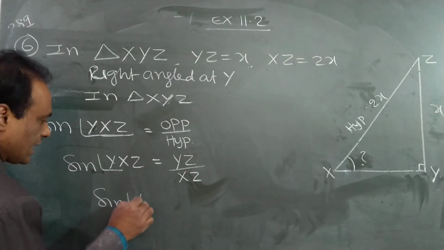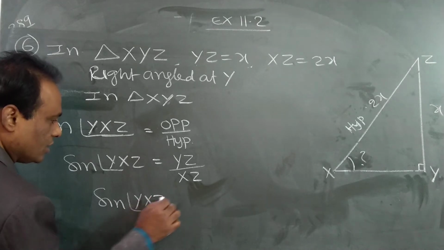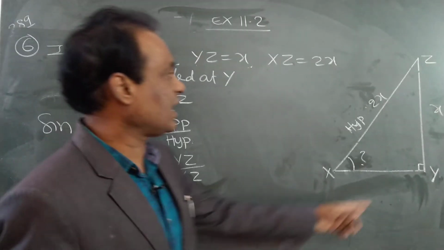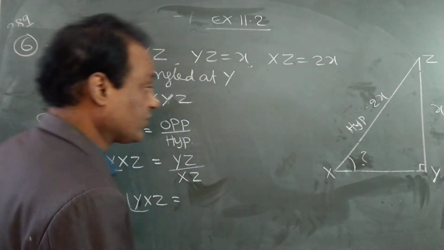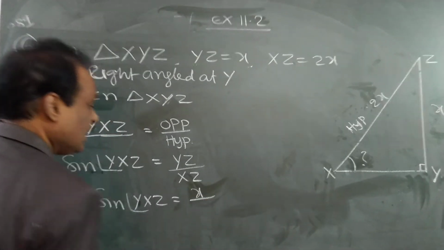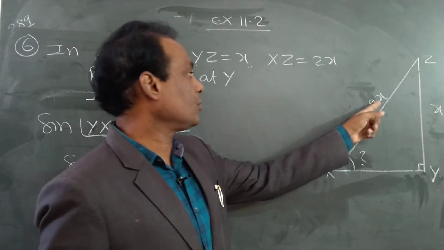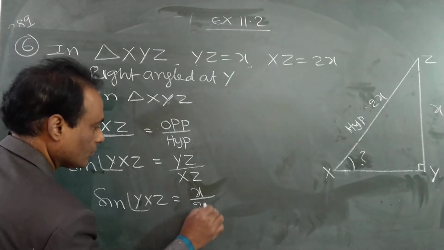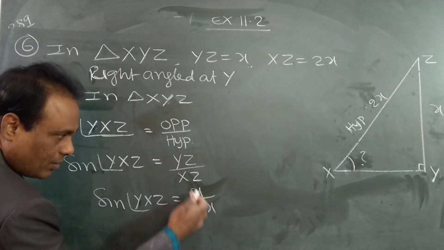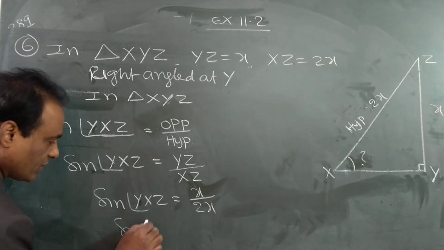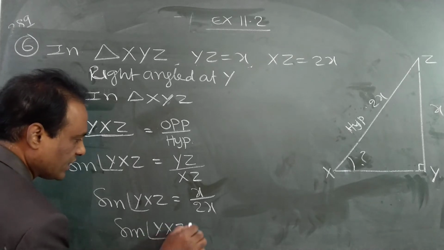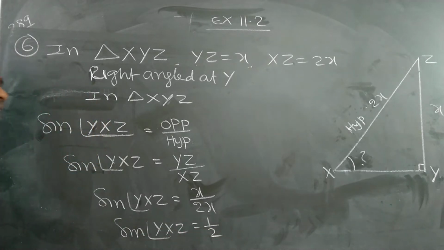So sine of angle YXZ is equal to YZ over XZ. YZ is given in the problem as x. XZ is given as 2x. x, x cancel, 1 by 2. Sine of angle YXZ is equal to 1 by 2.